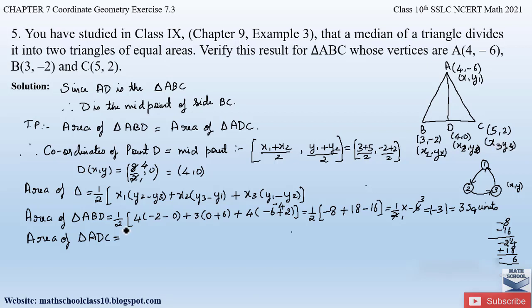Right, so substituting the values again, half into x1, which is 4, into y2 minus y3, so y2 is 0 minus y3 is 2, plus x2 is 4 into y3 is 2 minus y1 is minus 6, so minus and minus will become plus 6, plus x3 is 5 into y1 is minus 6 minus of y2 is 0, right?